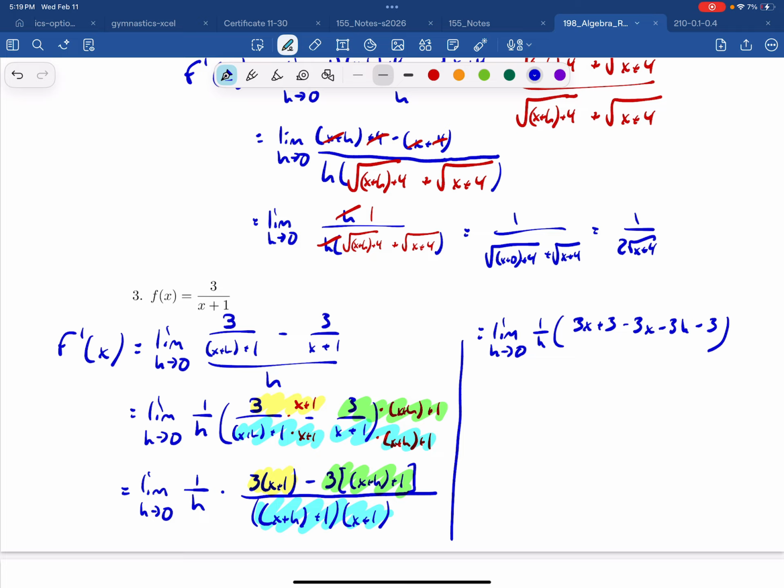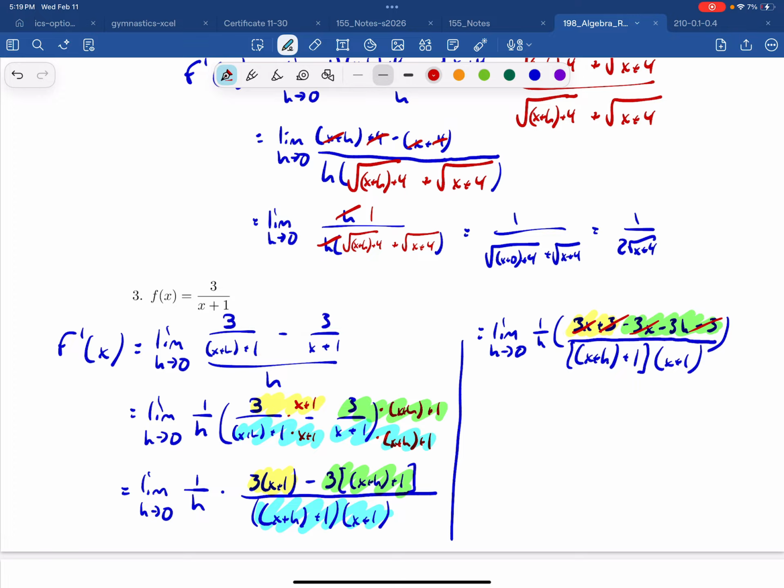Note that I just distributed the stuff in the top, and just to be clear, this stuff is here. That stuff is there. Okay. And then we're going to get this lovely stuff on the bottom here, times x plus 1.